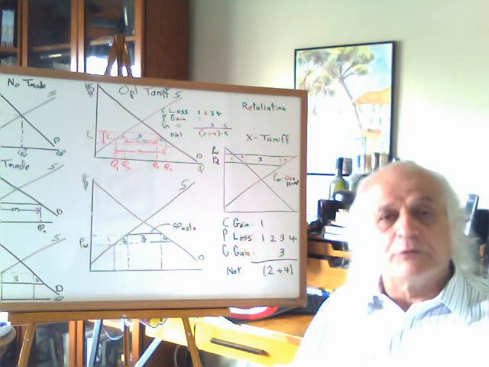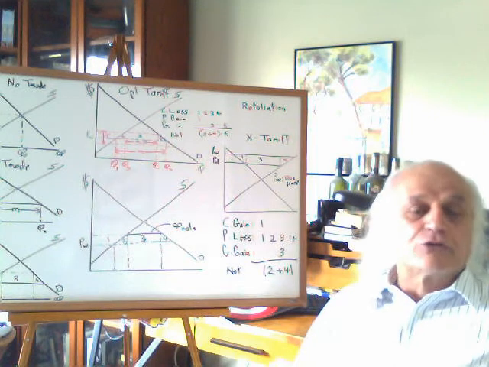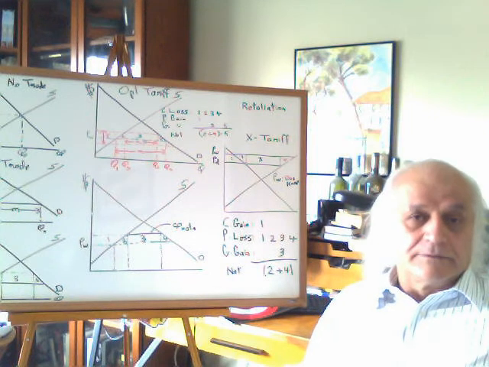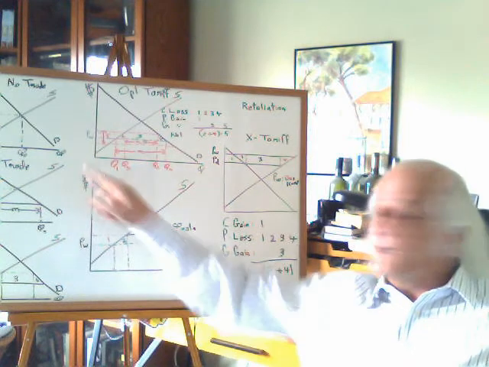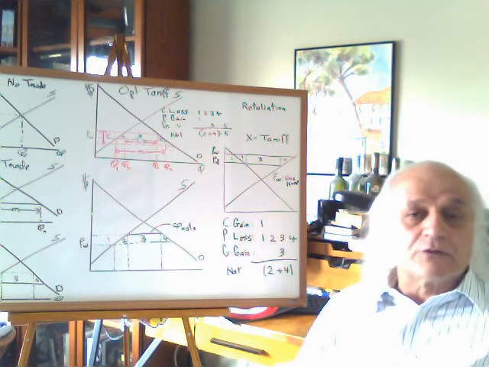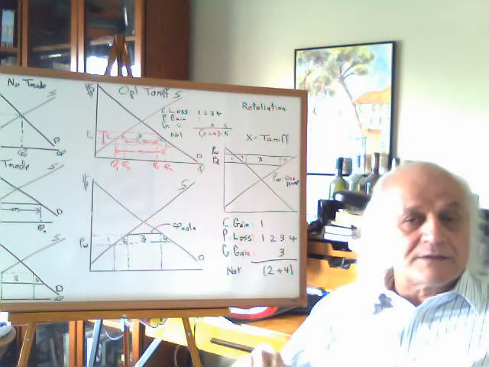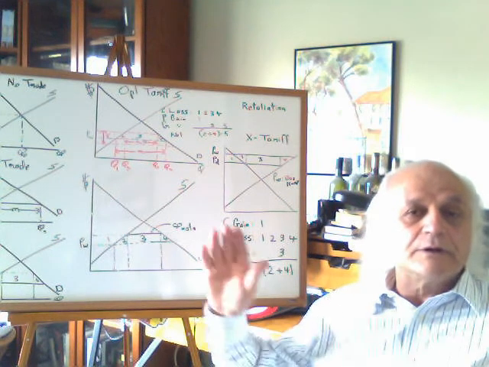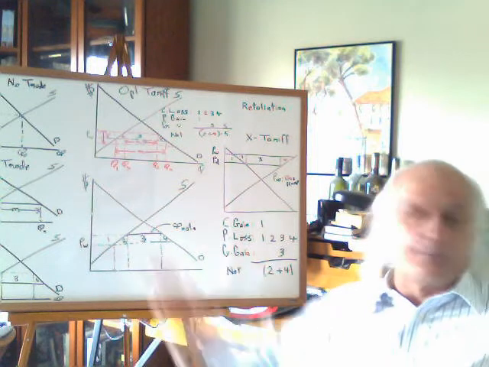The third person would have been willing to pay 8, but paid 5, and so on and so forth. If you add up all of these surpluses, they represent a triangle. It is the area under the demand curve and above the price.